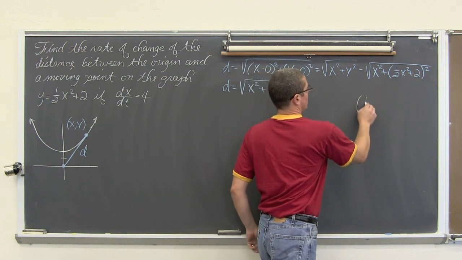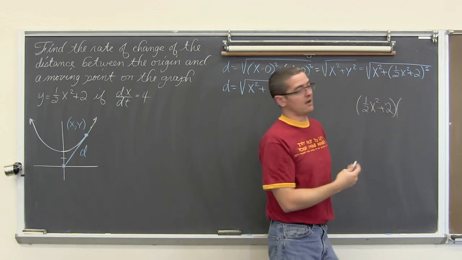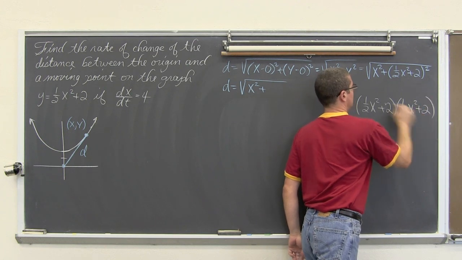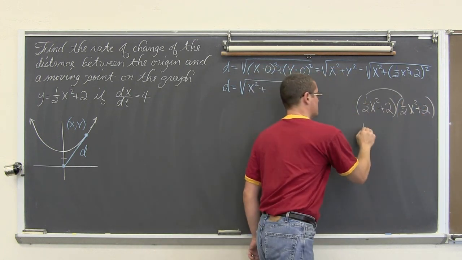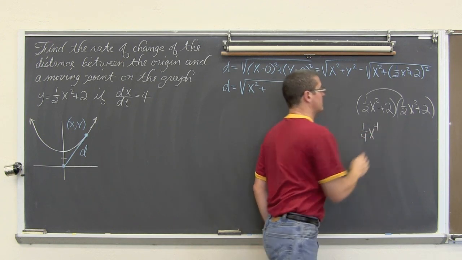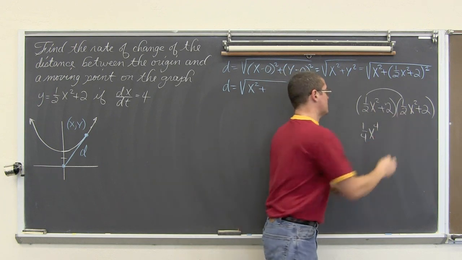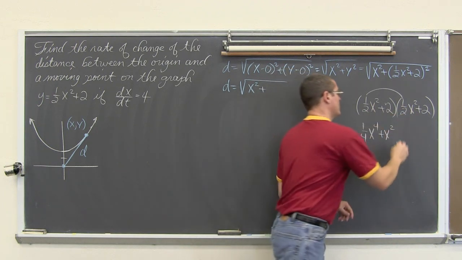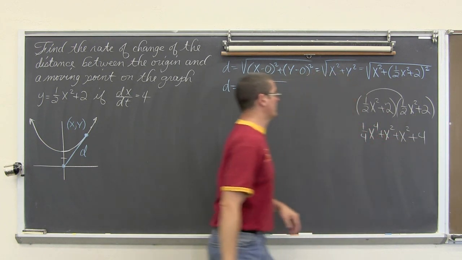So we got 1/2 x squared plus 2, distributed out, 1/2 x squared plus 2. So that's going to be 1/2 x squared times 1/2 x squared is 1/4 x to the 4th. 1/2 of 2 is 1, so we have plus 1x squared, and another 1x squared, and then 2 times 2 is equal to 4.